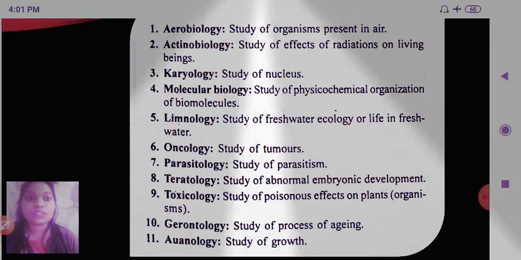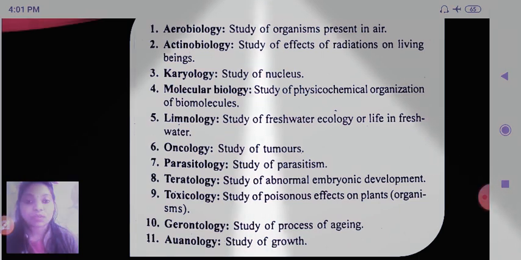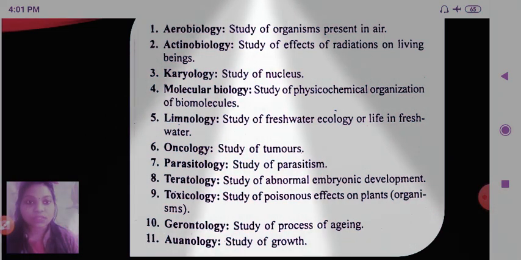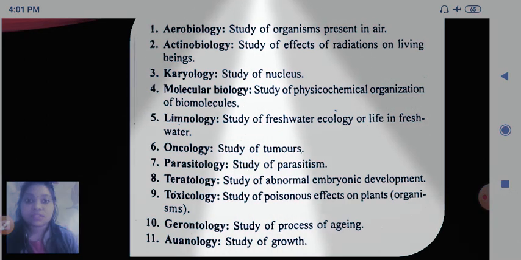Then limnology, the ecology of life under fresh water, is known as limnology. Then oncology: onco means tumor, and the study of tumors is known as oncology. Then parasitology, the study of parasitism.